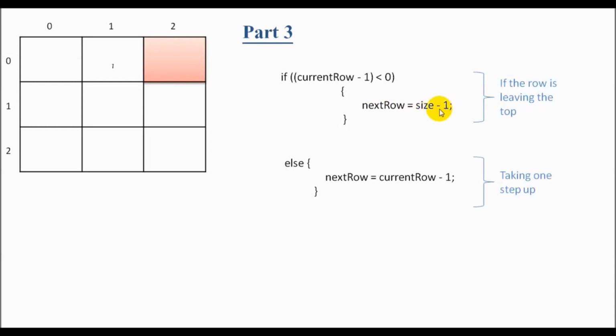Our next row is equal to size minus 1. Size equals 3. For this matrix, our size is 3. 3 minus 1 equals 2. So our next row will be this row. So our position is going to jump from here to here.